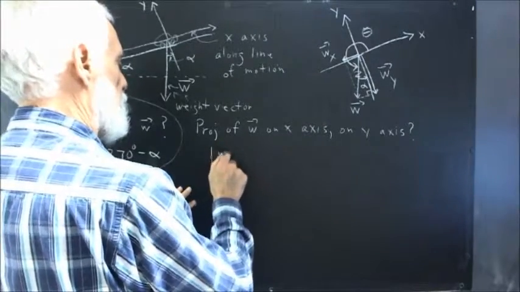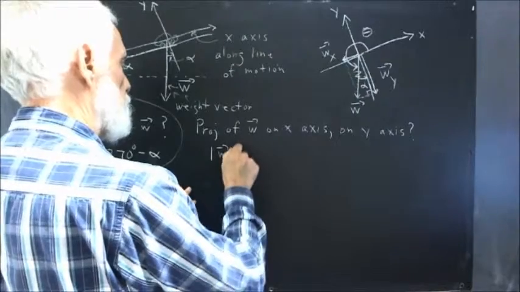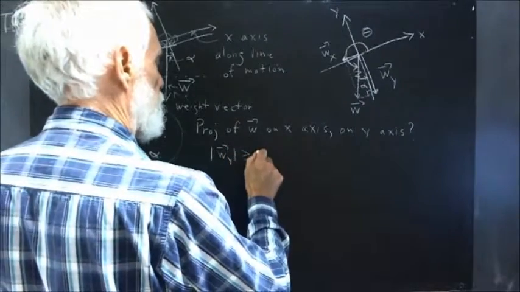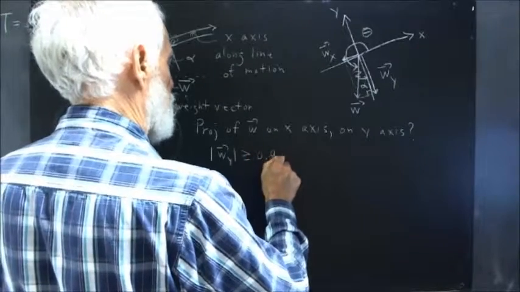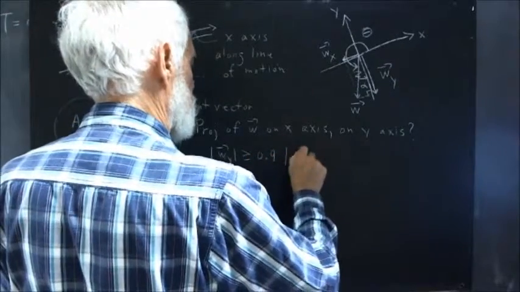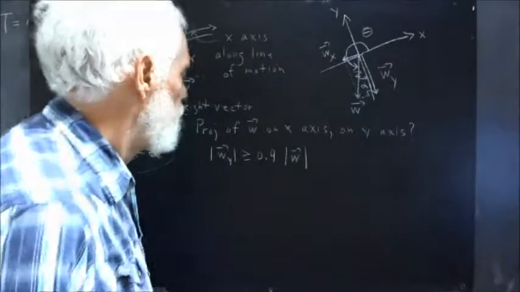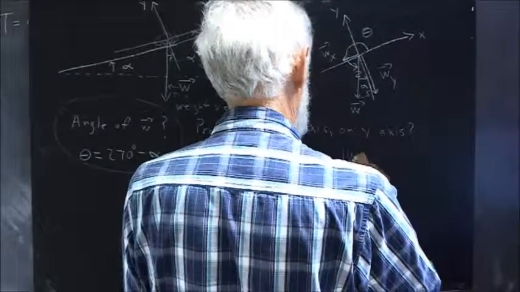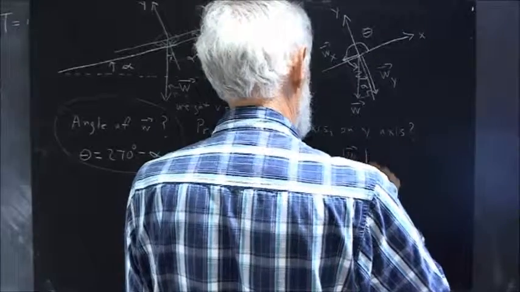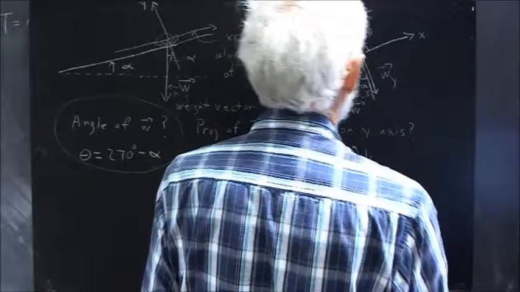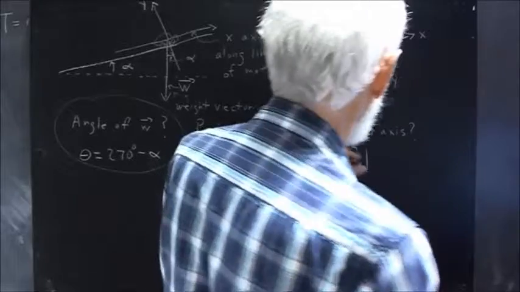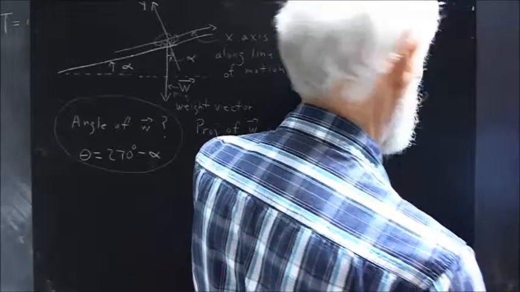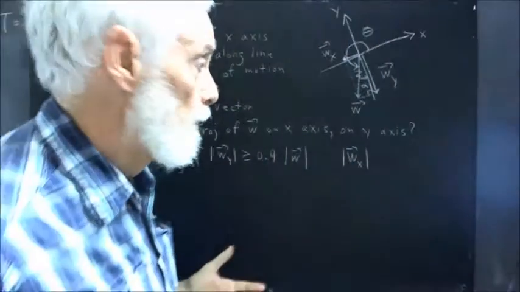I'll say the magnitude of the WY vector is probably greater than 0.9 times the magnitude of the W vector. And the magnitude of the WX vector appears to be certainly less than half the magnitude of the W vector, probably on the order of 0.3. Well, I got my head in the way of the whole thing.